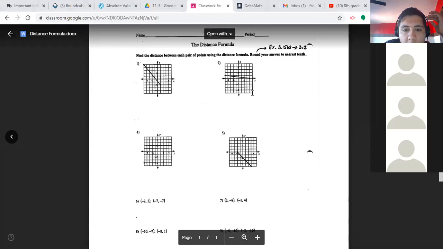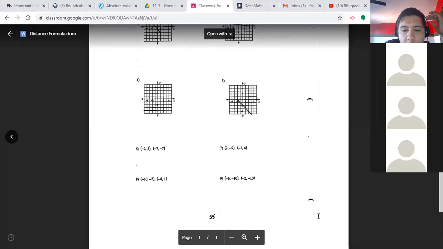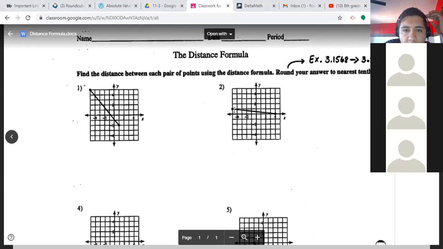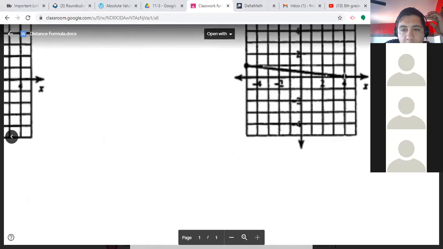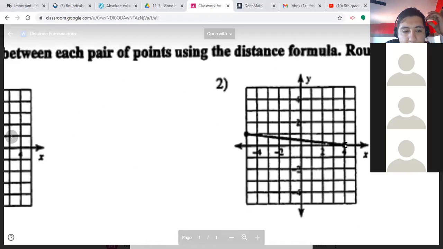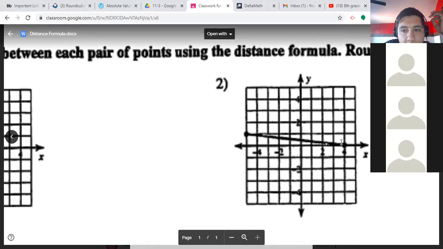So with these first ones right here, Rod, you can barely see the numbers on those. Like you mean the points? Like right there and right there, right? So try to zoom in as much as you can. If not, let me try and see if I can post the actual points.